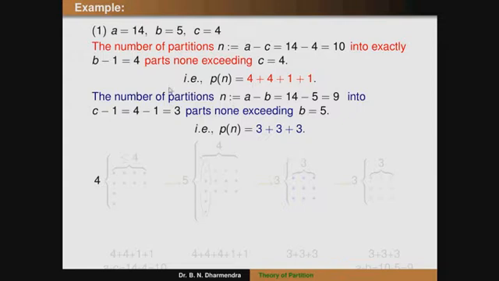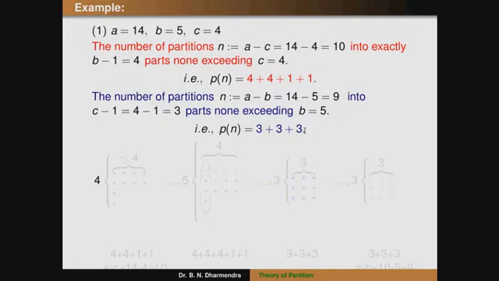So by using the Ferrers diagram, we can consider 4 plus 4 plus 1 plus 1, that is equal to 3 plus 3 plus 3. After that, we have to add the c row, and also we have to delete the first column, and that can be written as less than or equal to b rows and c minus 1 columns.